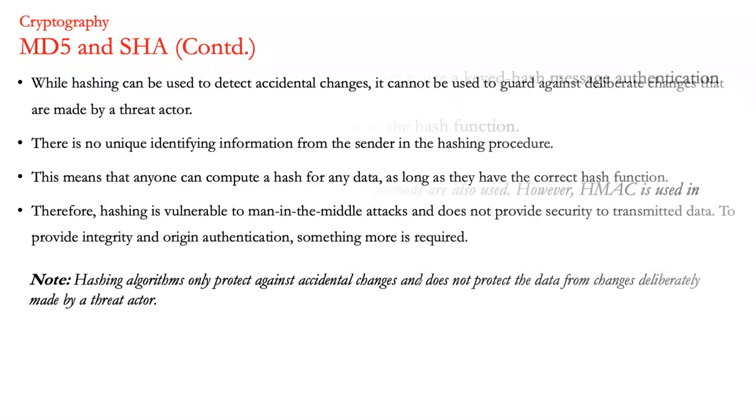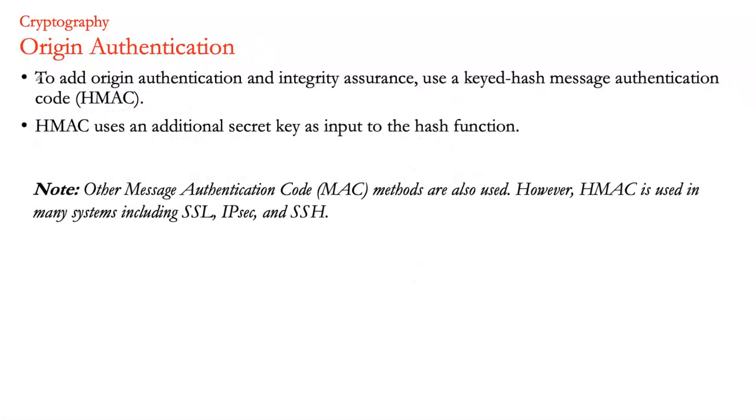For that, it requires a method called origin authentication. This is most important in the blockchain also. Who is creating the block? Is it only an authorized user or network user in the blockchain, or any attacker who created the block?